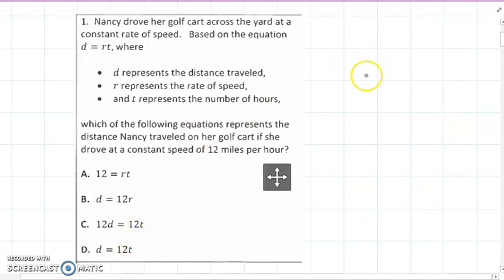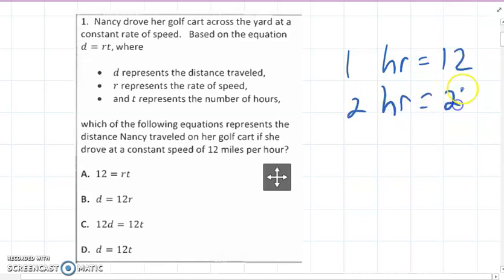So just think here, if you're going 12 miles per hour, that means in 1 hour this is going to equal 12. Well, 2 hours will equal double that, 24, and 3 hours, 12 times 3, which is 36.